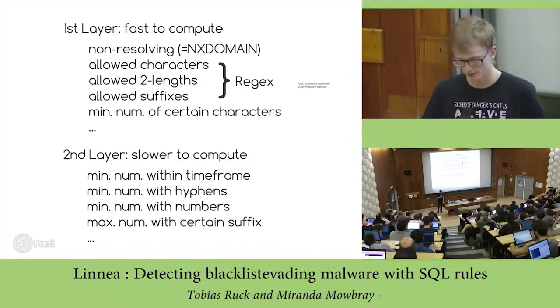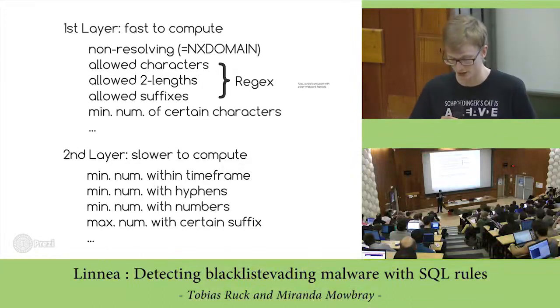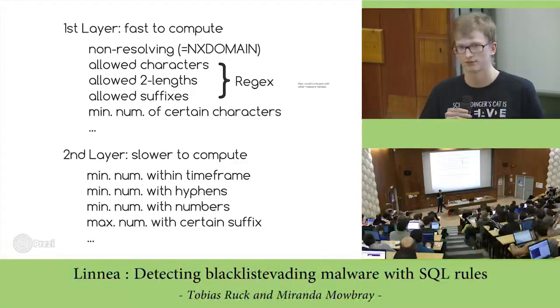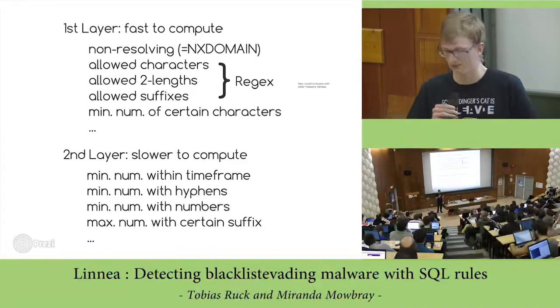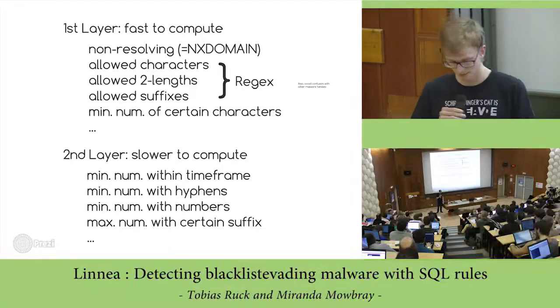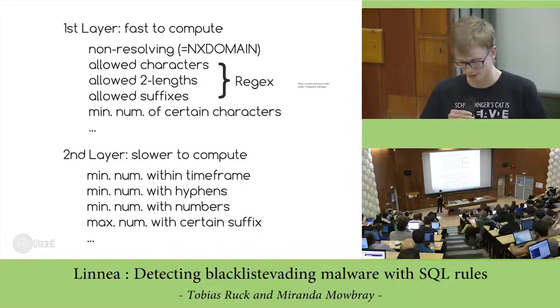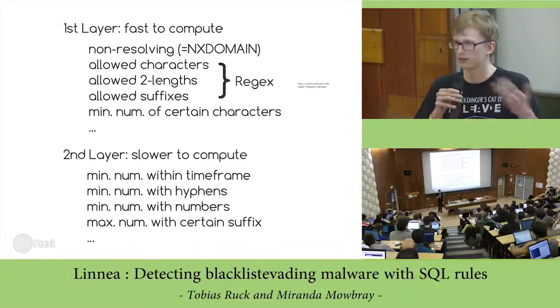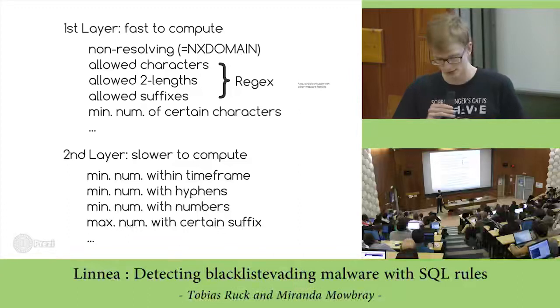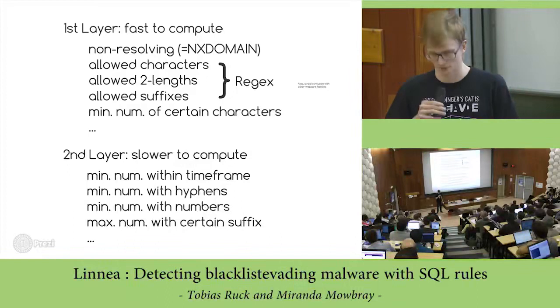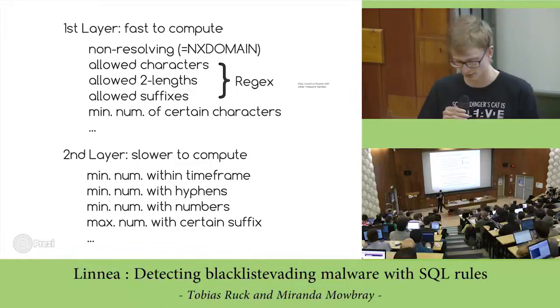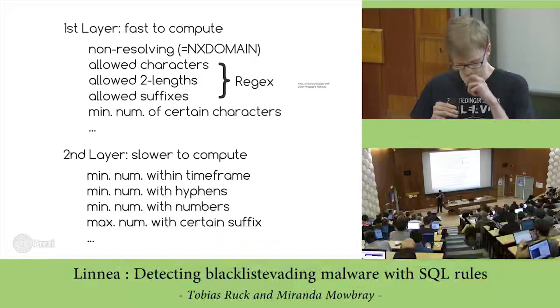What we could also try to find out as a property is, for example, the frequency of vowels or something like that in a domain, as we can see later. In the second layer, which is a bit slow to compute since it aggregates over multiple domains, we check if there is a minimum number of domains within the time frame, or if there's a minimum number with hyphens or numbers, or a maximum number with a certain suffix.